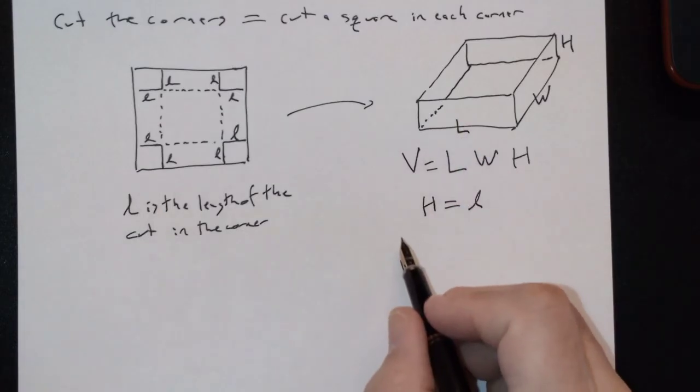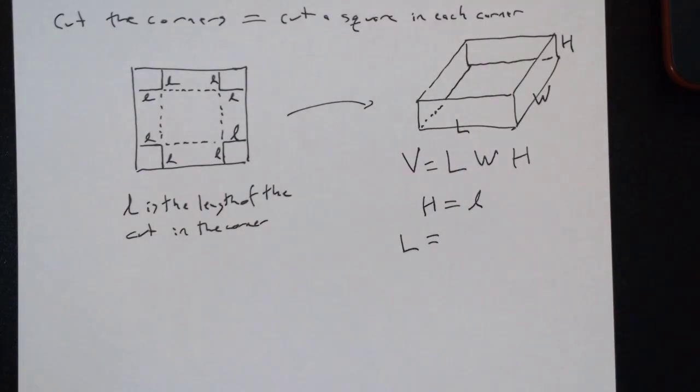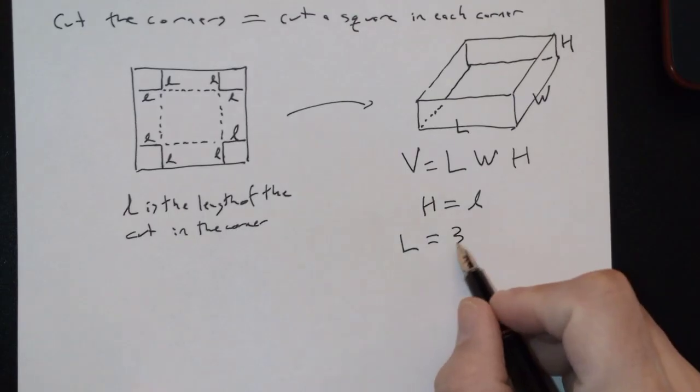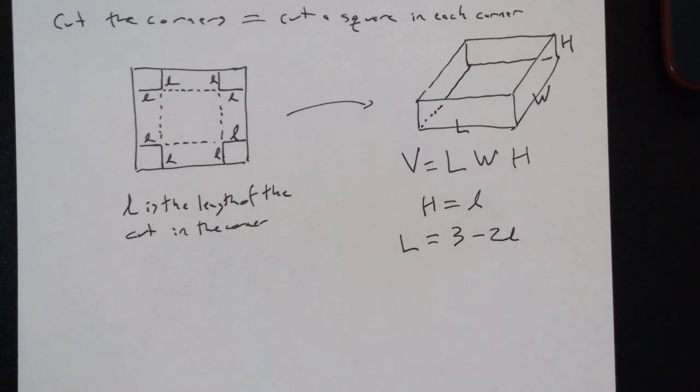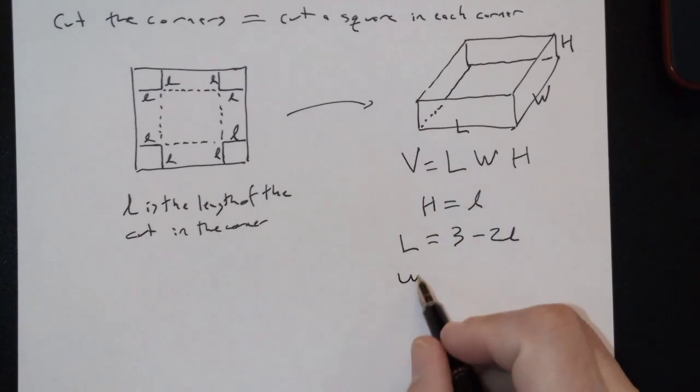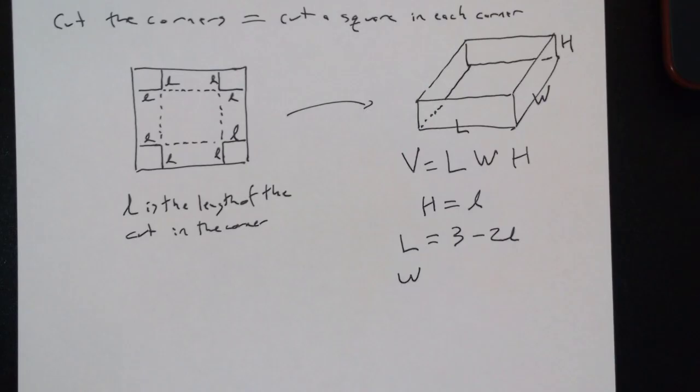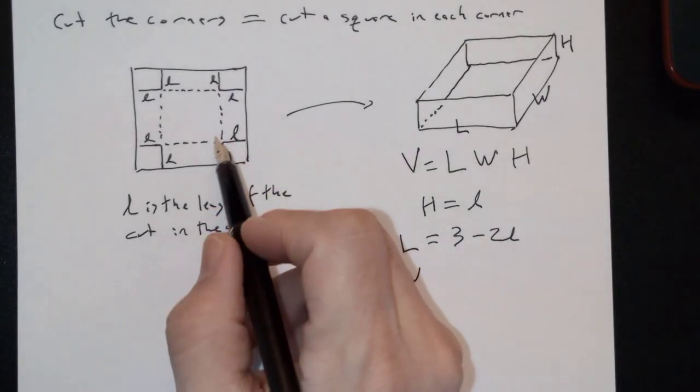What's the length? Well, 2 little l is the part that we cut out. I need to subtract 2l from something. How big was the cardboard to begin with? Aha! What about the width? Because it's going this way and it's the same idea.